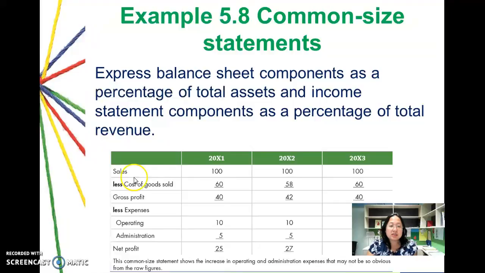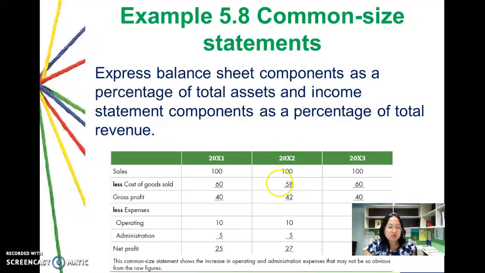As we can see, sales remain the same between the 3 years. There is a slight movement of cost of goods sold in year 2002, which is 2 million lower.